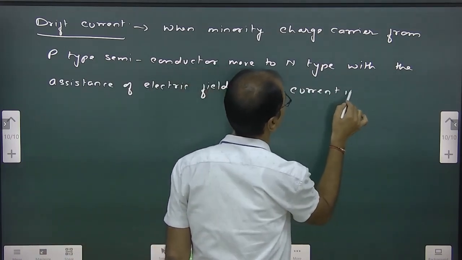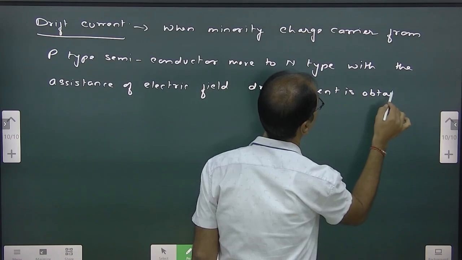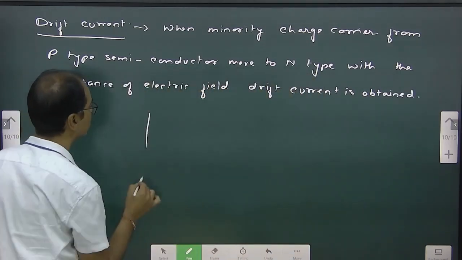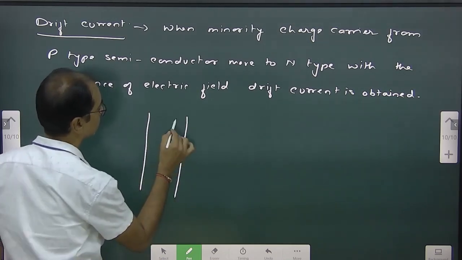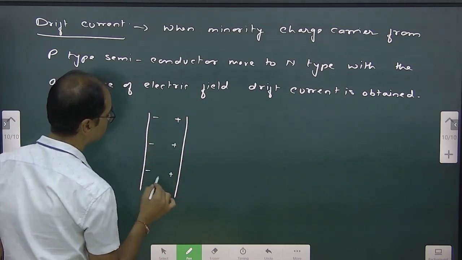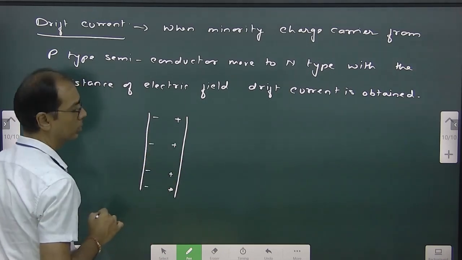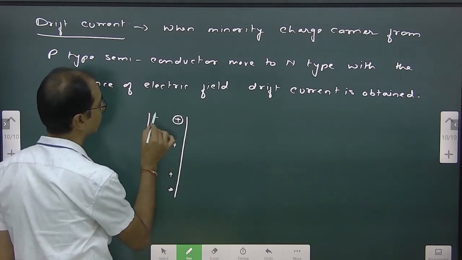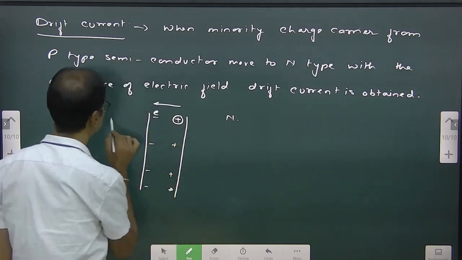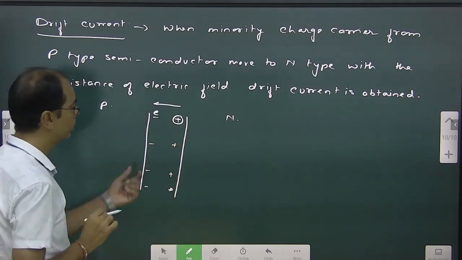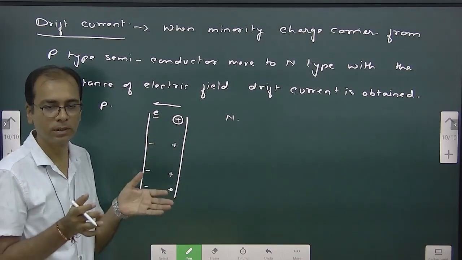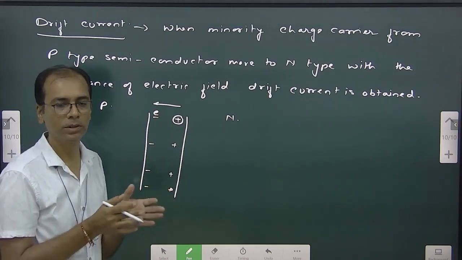One more way in which drift current is obtained is within the depletion layer. The depletion layer is something like this: this is positive and this is negative. Positive means holes are here and electrons are here. The electric field is like this. This is N-type here and this is P-type. Now suppose some covalent bonds are broken within the depletion region.